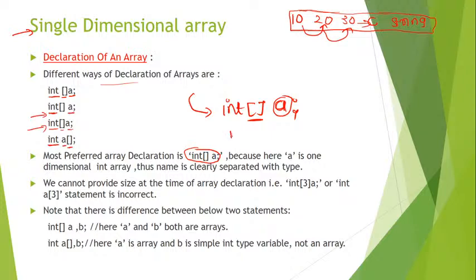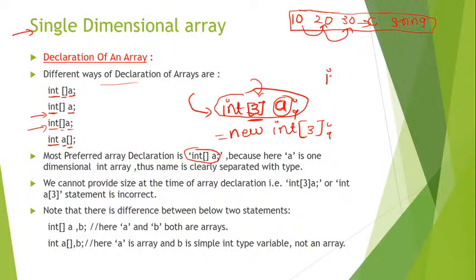So how can we create? By using new, and here we also use int, and here we can define the size of this array. This way we can declare and create. But when you are declaring the array, you cannot define the size. Just keep this in mind.